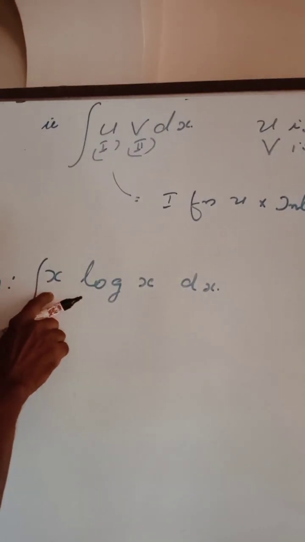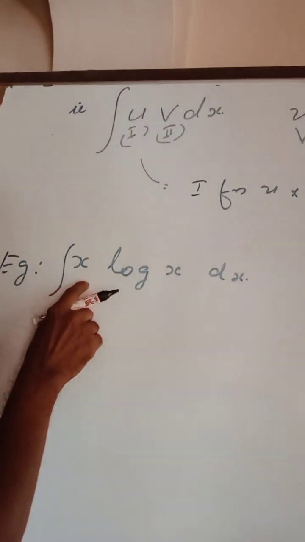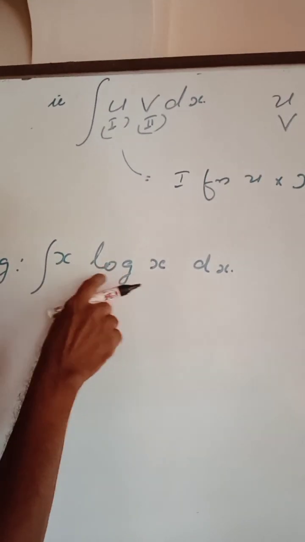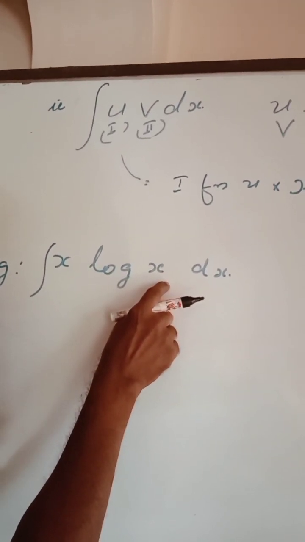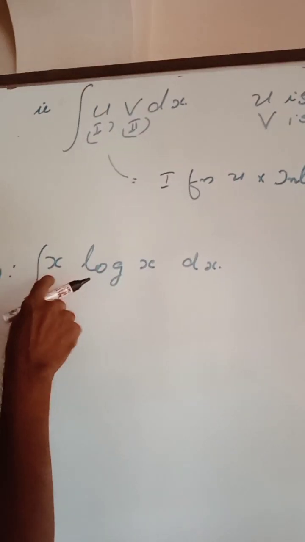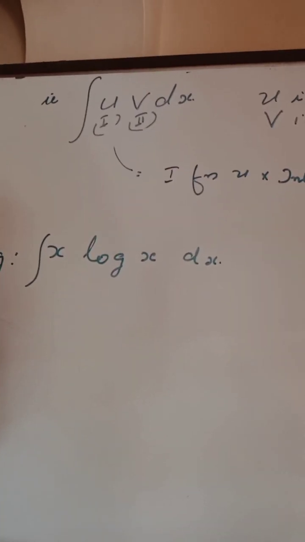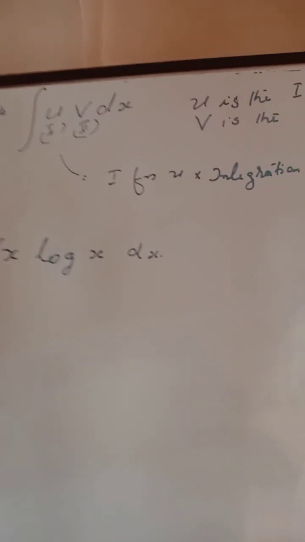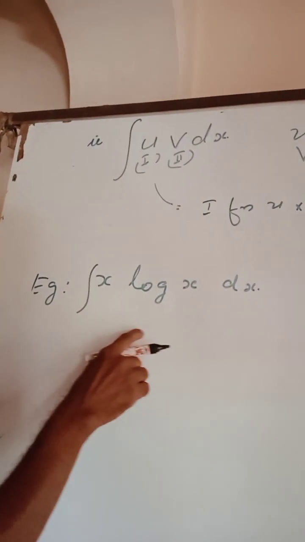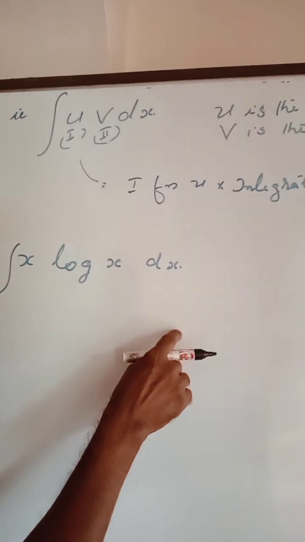Derivative of x is equal to 1, which is not here, and the derivative of log x is equal to 1 by x, which is not here. So it could not be solved by substitution. We can solve this by integration by parts.